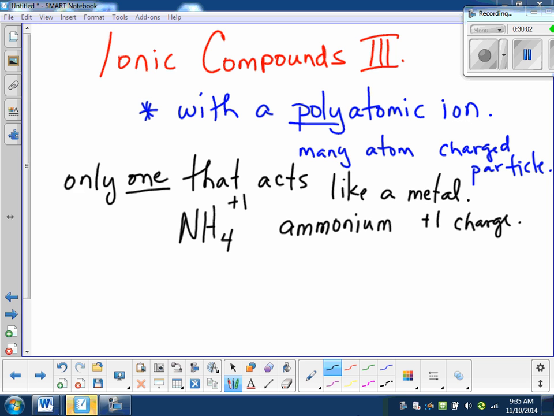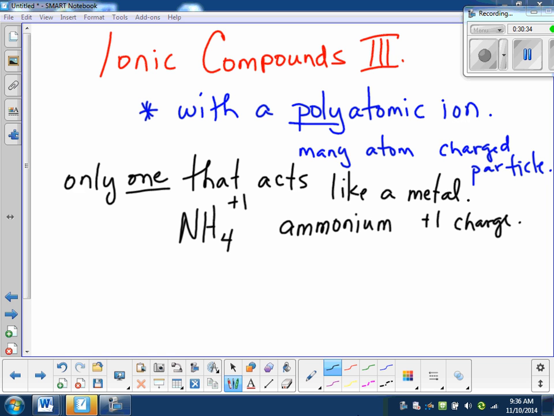Dylan, could you tell me, do you understand how these numbers work in a formula? How many total atoms are there in NH4? How many total atoms make up this polyatomic chunk? How many nitrogens are there? Do you know? 1. And how many hydrogens? 4 hydrogens. So totally there's 5 atoms here, right?